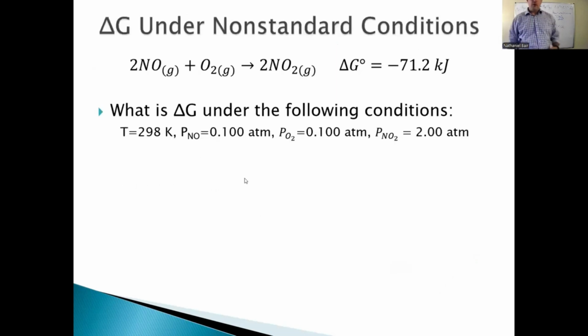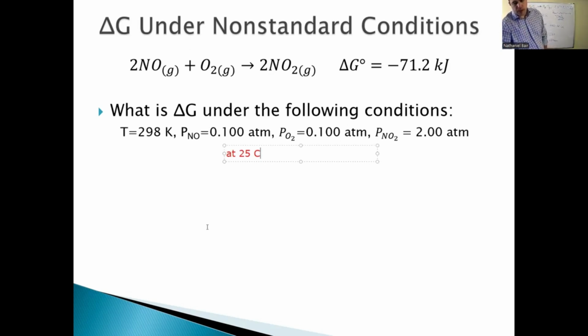Okay. Go ahead, folks. I'll let you try this one. What is delta G non-standard under the following conditions? And let's once again be at 25 degrees Celsius. We could pick any temperature here, but let's say at 25 degrees Celsius. I want you to try this problem. Now, this one's going to be a little more difficult. Okay, so remember the equation.